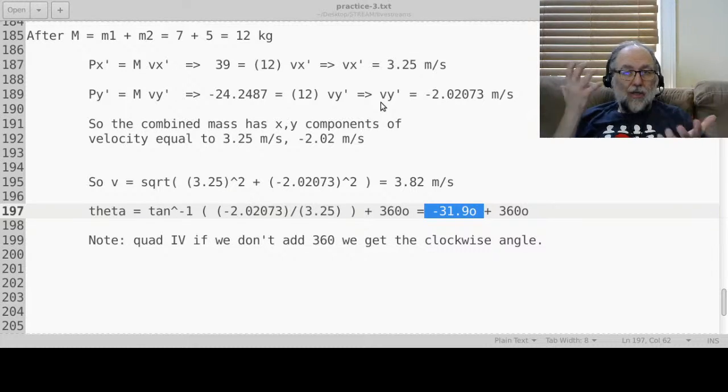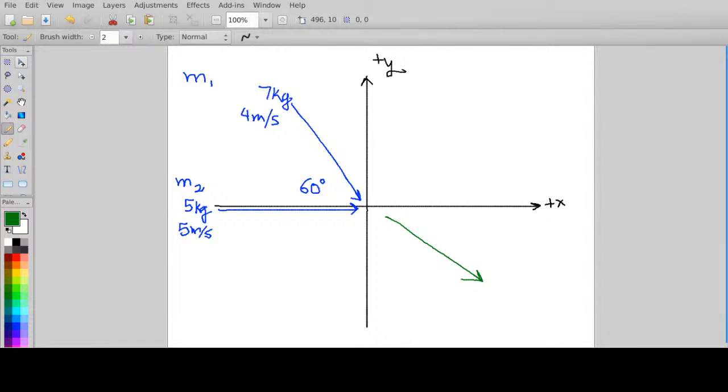And you say, well, what's the difference between the two choices? Well, it's whether you want to measure clockwise or counterclockwise. So let's go back to the diagram for a second. It was negative 31.9, so that's like going this way. Because it's negative, we're measuring clockwise here like that. You say, but I really want to add that 360 in there.